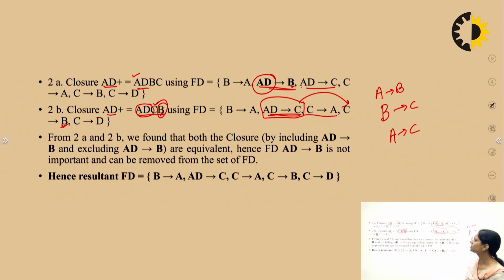So in this case, when we compare 2A and 2B, the closure of AD remains the same. Hence, AD dependent upon B is a redundant functional dependency and is not important and can be removed from the set of functional dependencies. So once we remove this functional dependency, we are left with this set of functional dependency.